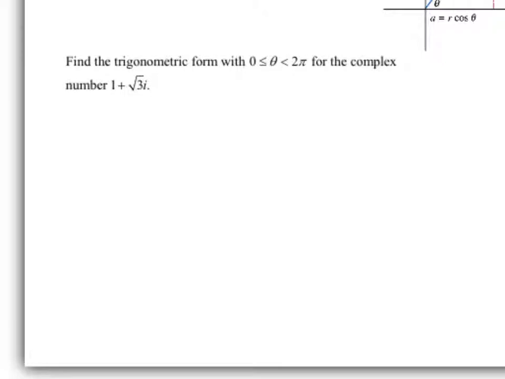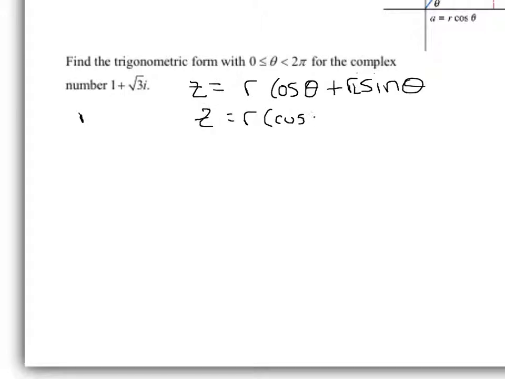Well, we could just do z equals r cosine theta plus i sine theta. So then r equals square root of 1 squared plus square root of 3 squared, which is 2.